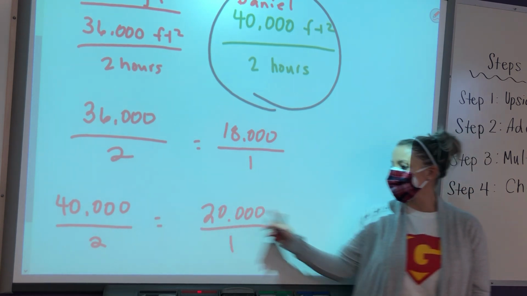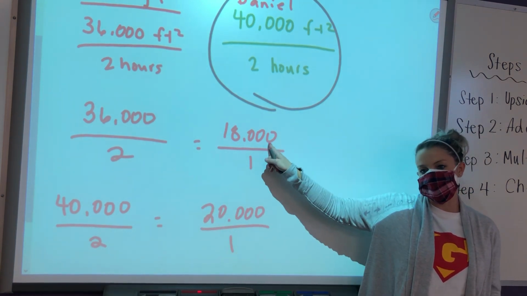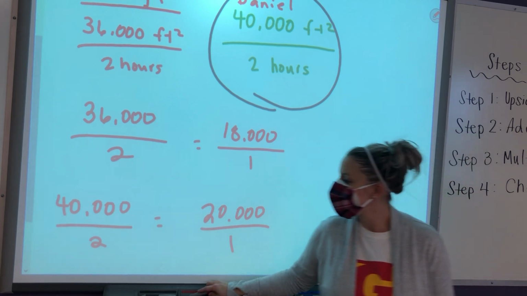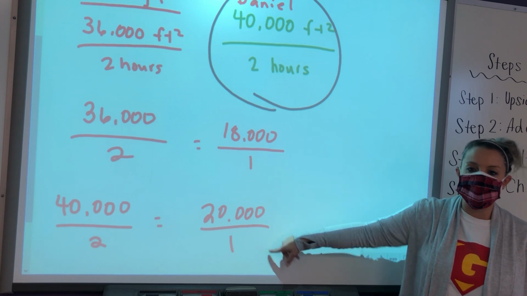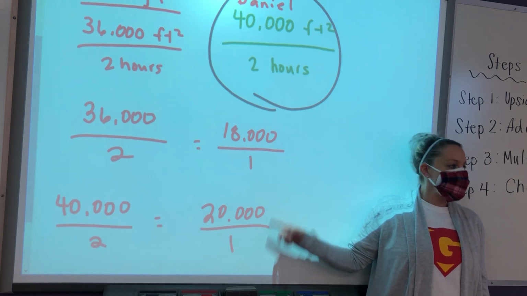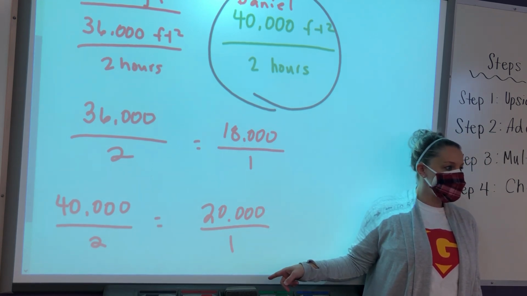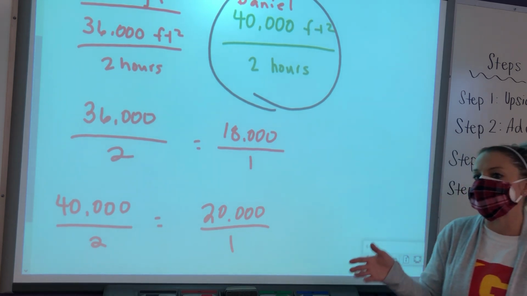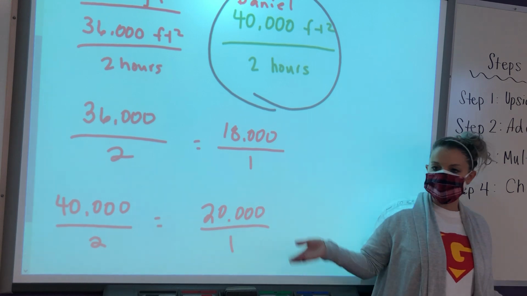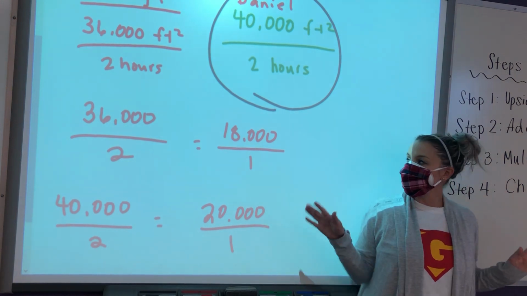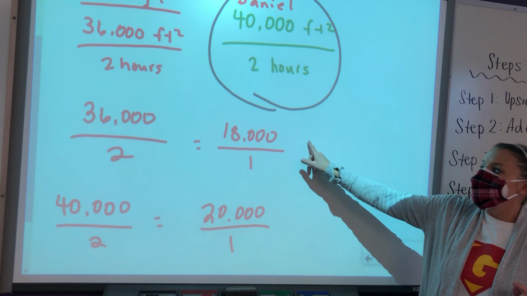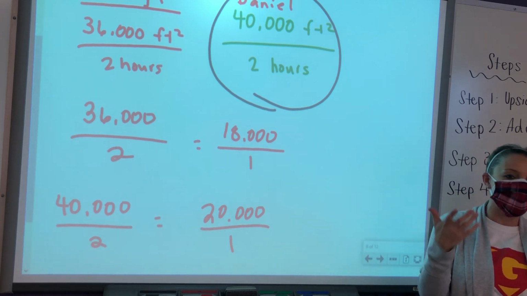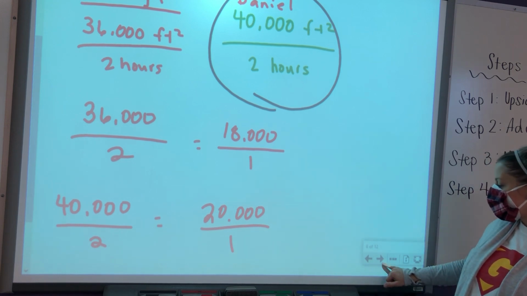So he's mowing 2,000 more in 1 hour than she is. So he's going to go faster. Where did I get back to, guys? I got back to a unit rate, my home base. I was able to easily compare after I made the mistake. That's okay. I make mistakes. I'm not perfect. But we got back down to our unit rate, and sometimes unit rate is easier because when we compare 1 to 1, it is a little bit easier for us.